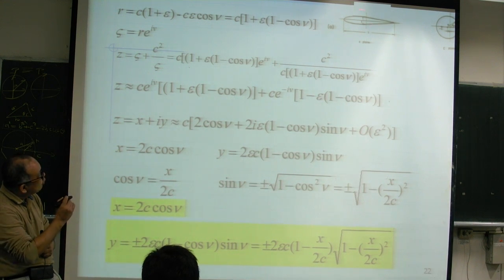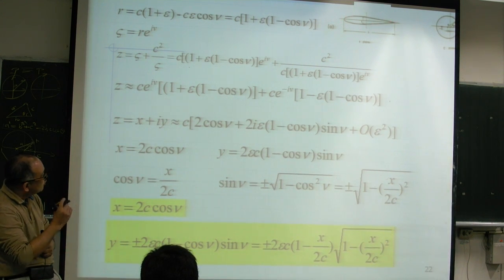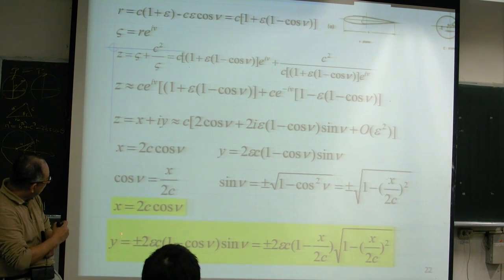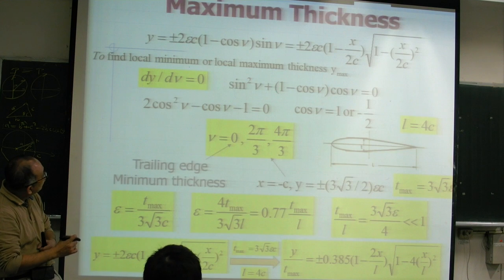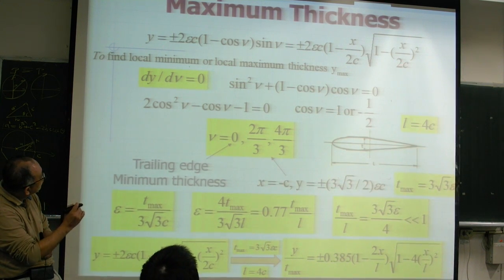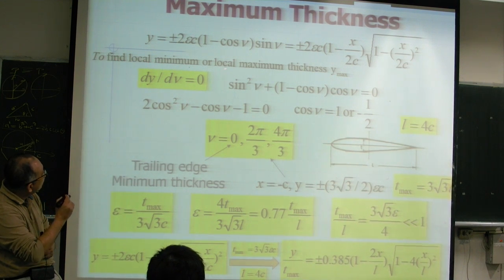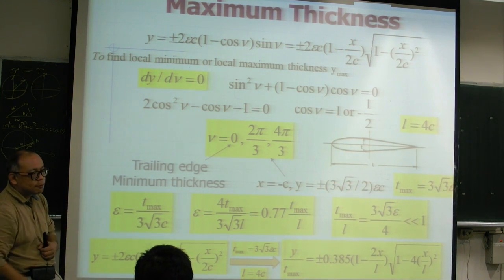This gives you the coordinate system for the surface of the airfoil here. So we use y equal to this, and here is our coordinate system for the airfoil. And we try to find a local minima and local maxima for the thickness y.